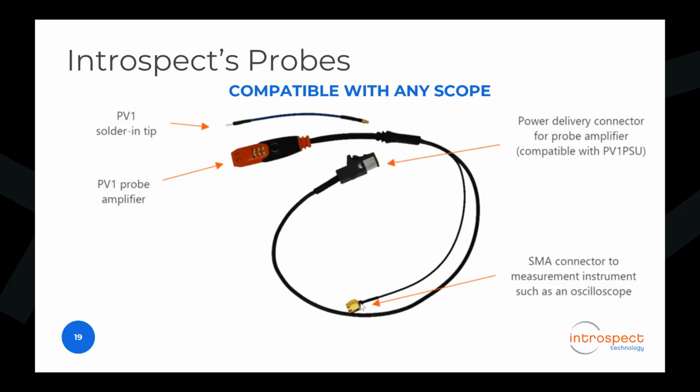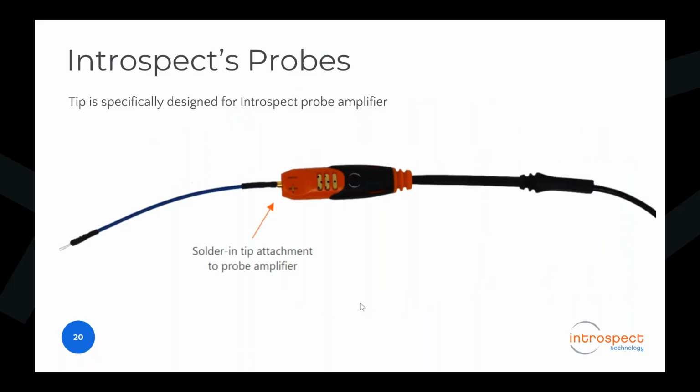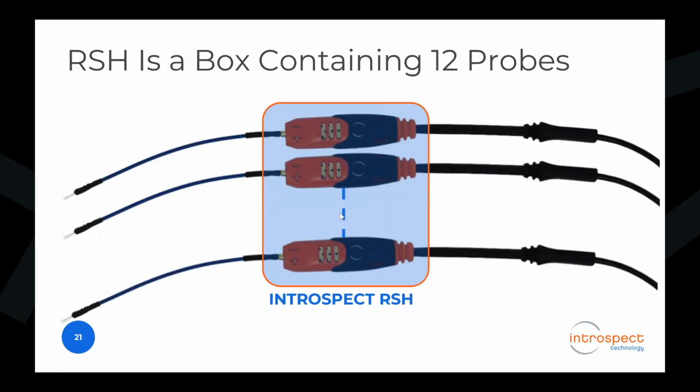And so for wide bus applications, we just wanted to create a more clean environment. We used to just put 10 or 12 of these next to each other, and it would look like a very messy bench environment for our customers. So based on feedback from our customers, we decided to create the RSH.